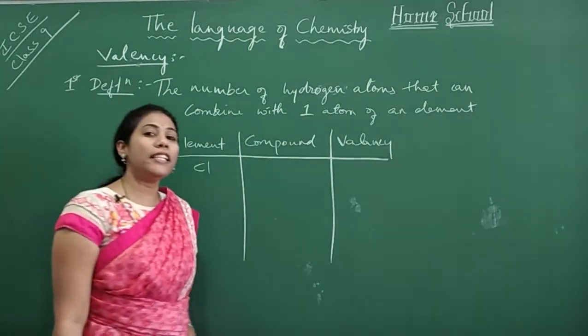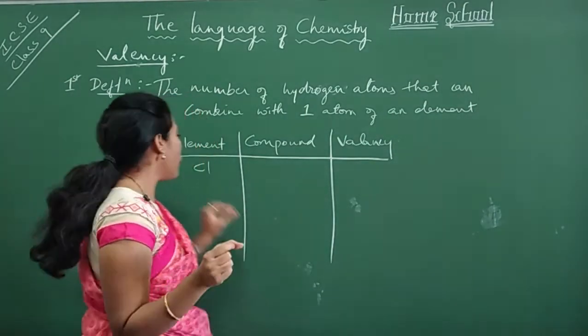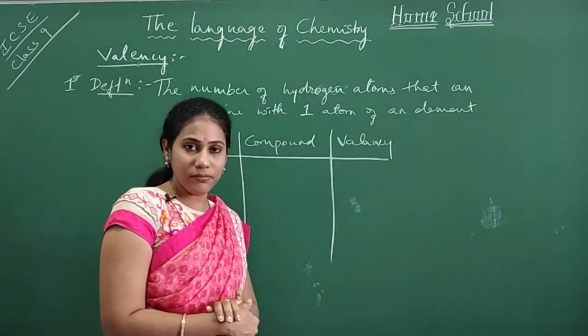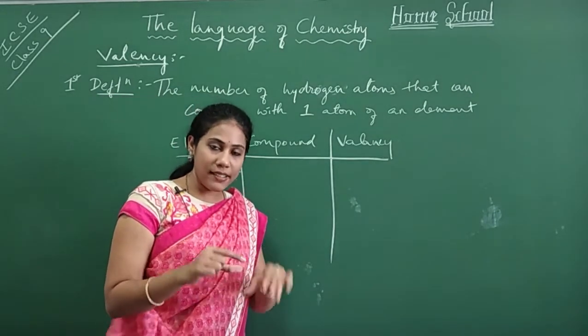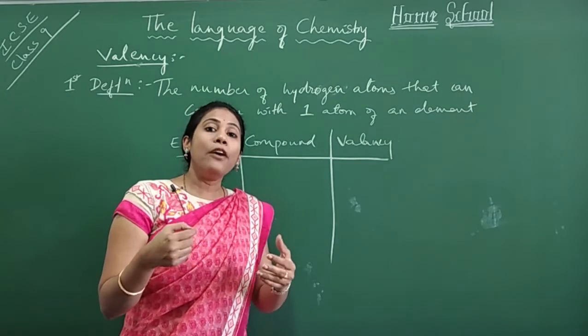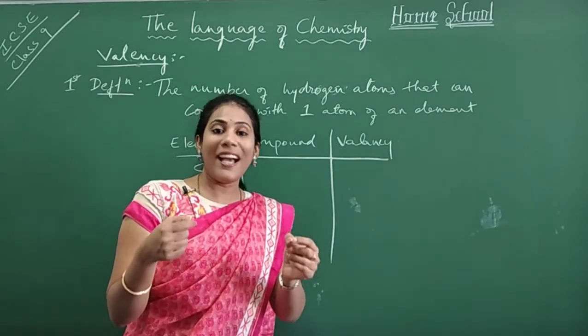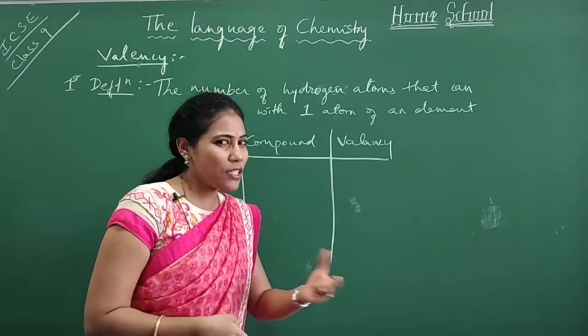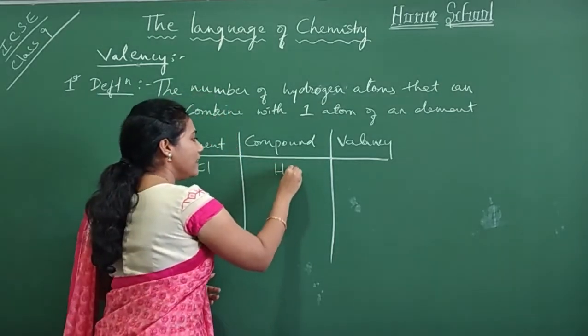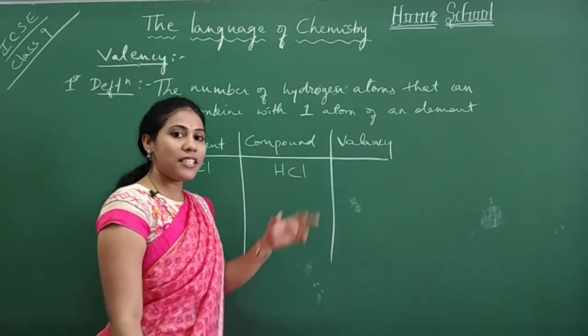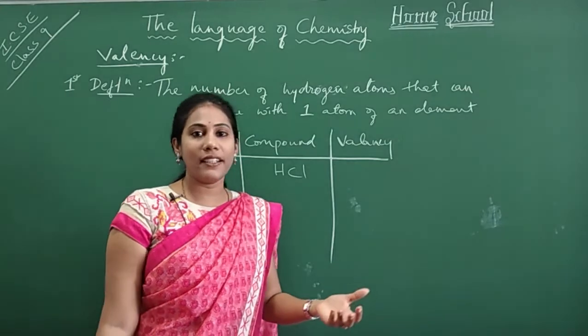Can you think of any compound of chlorine with hydrogen? Can you guess any compound of chlorine which should have hydrogen in it? So what is the common compound? HCl.